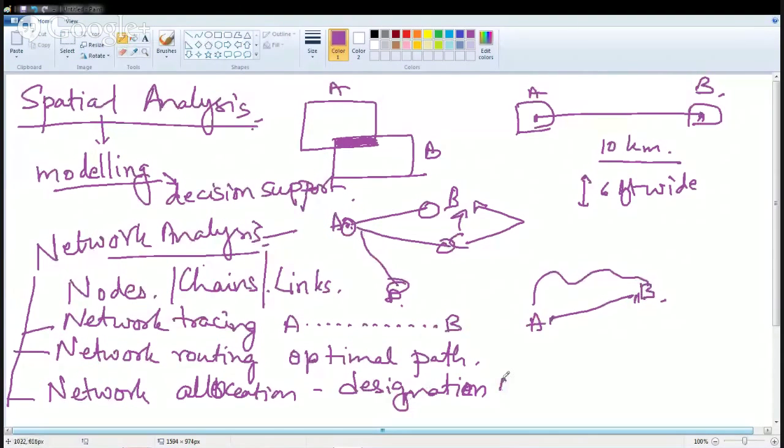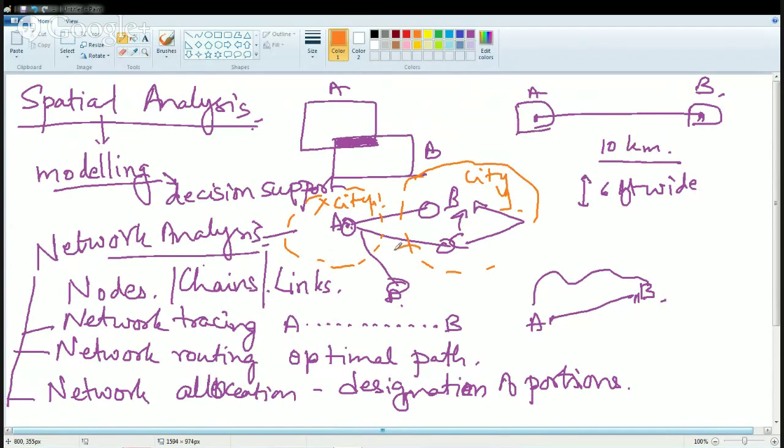Let's say this territory is under city X. I can say B and C are under city Y, and region D is under city Z. So what I am trying to do is designating the portions, or allocating the networks. This region would be taken care of by city X, this region by city Y, and so on. So that is network analysis.